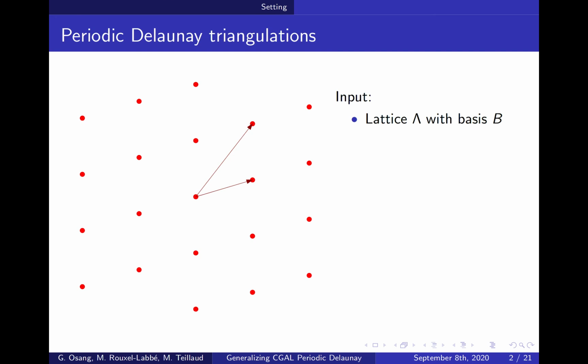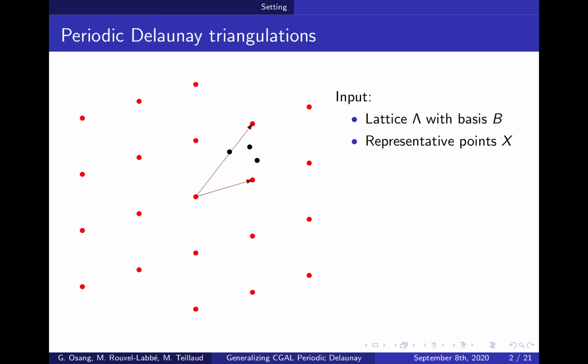We have a basis, and this defines the lattice, which is the set of integer combinations of these basis vectors. So, strictly speaking, one has to distinguish between the translation maps that are associated with these vectors and the points in Euclidean space that are associated with these vectors, and I will make use of both of these viewpoints.